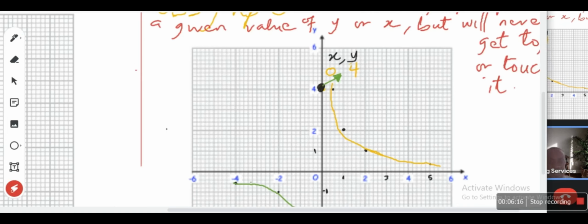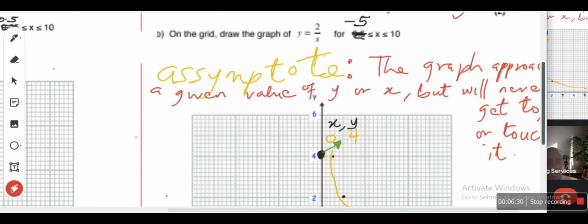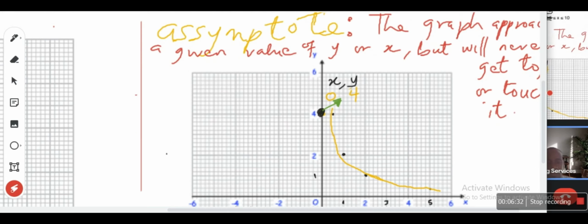You said this coordinate is 0.4, isn't it? Now look at the equation, y equals 2 over x. So, what's the value of x on this coordinate? This particular coordinate, let me call it P. What's the value of x there?